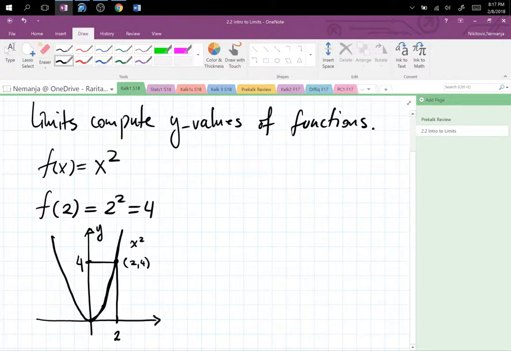So, you went straight up from 2 until you hit the line, and it bounced you off to y, and you read the value. And that's the reason why f of 2 is 4. x squared, 2 squared, 2 times 2 is 4.